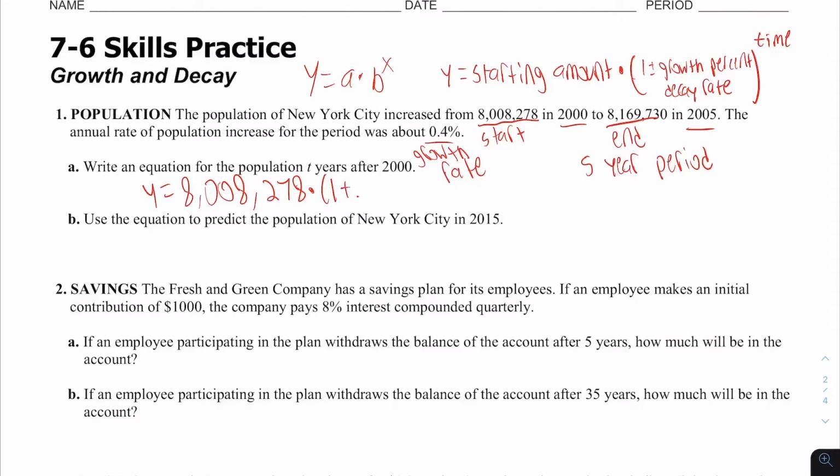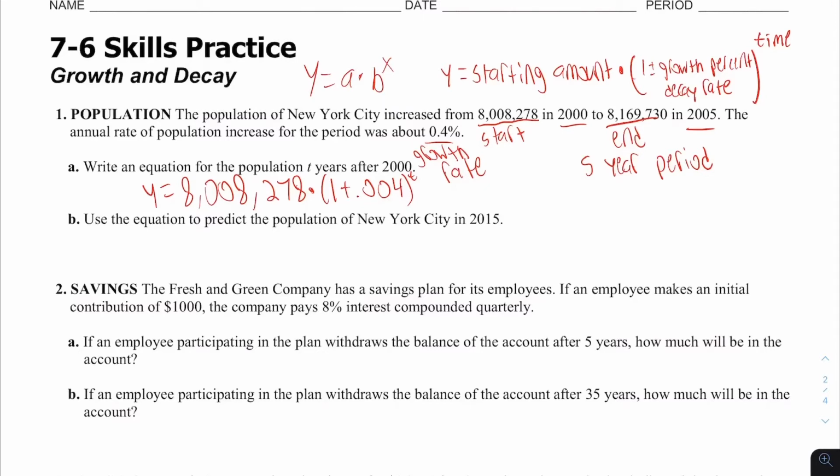That number 1 is a decimal, not a percent, so we need to change that percent into a decimal. 0.4% is equal to 0.004 as a decimal, and then we're raising that to a power, and it says t years after 2000. So we'll put power of t, because each of those t years is measuring after 2000.